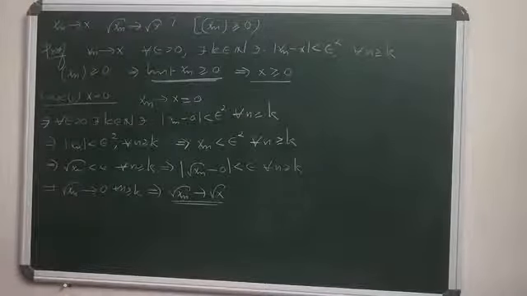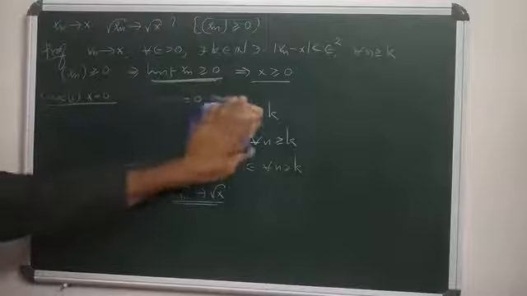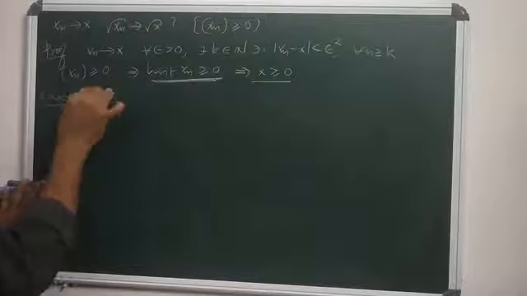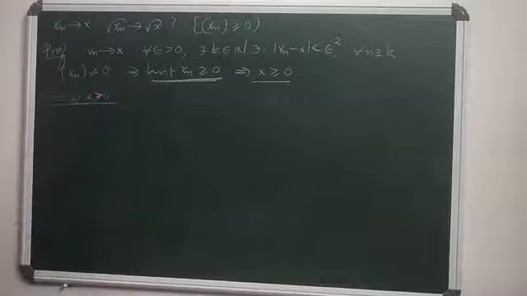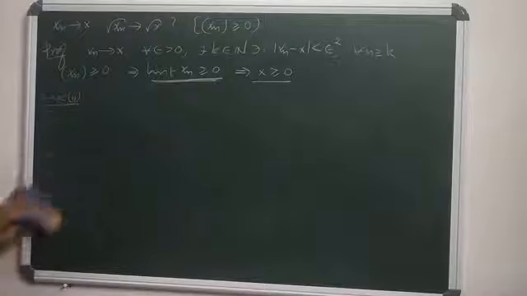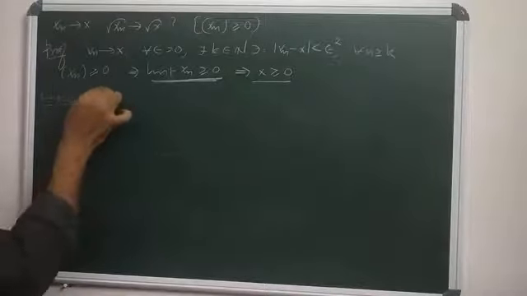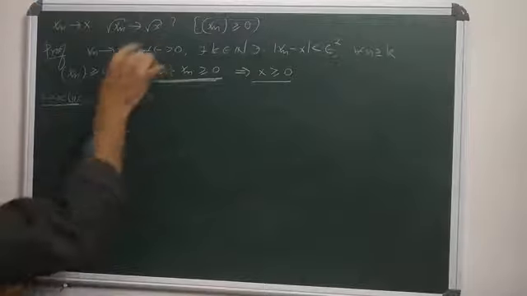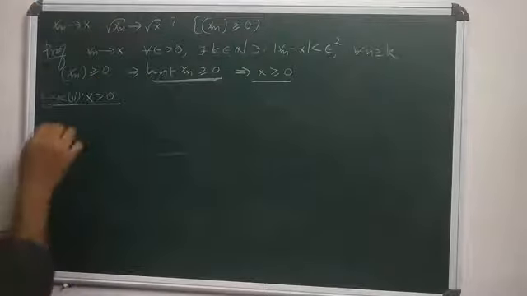Okay. Now the second case is when x is greater than 0. That is our second possibility. When x is greater than 0, what happens there? What's our aim? Root xn converges to root x.